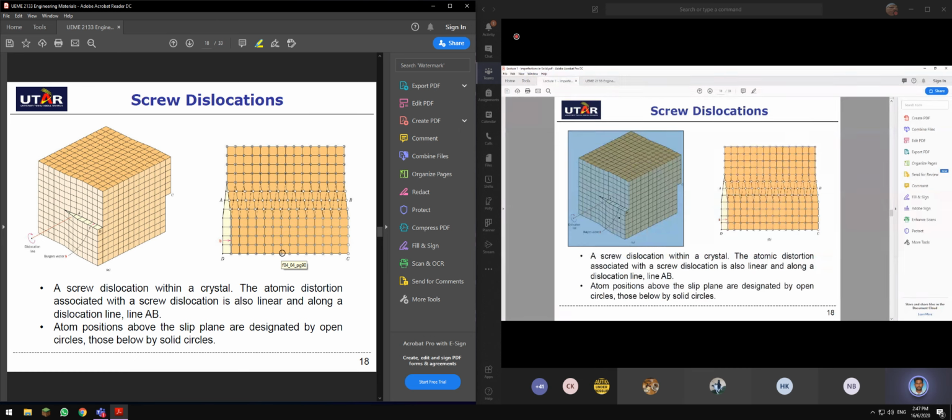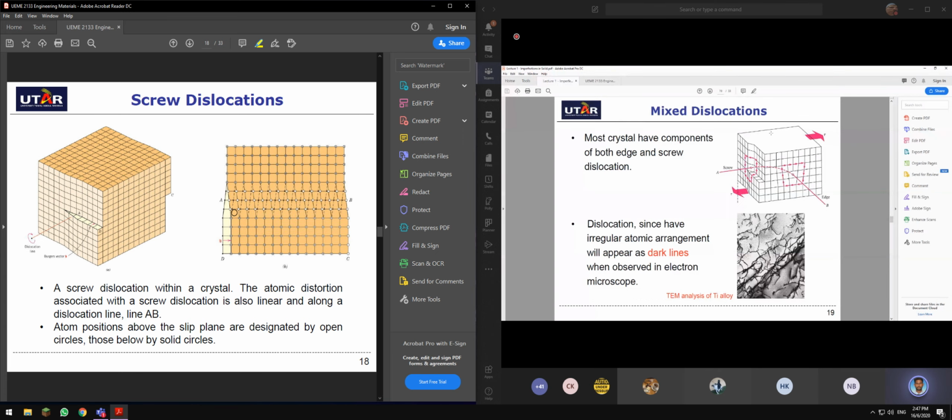So it has shearing effects, and this is your dislocation line and the Burgers vector is there. Atom positions above the slip plane are designated by open circles, those below by solid circles.